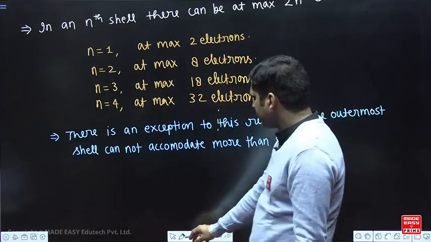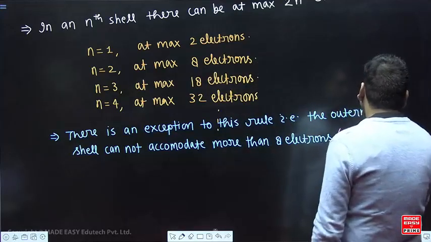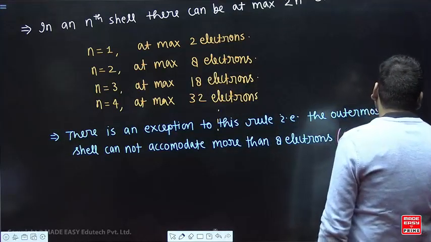The outermost cell cannot accommodate more than 8 electrons. We call this the octet rule.